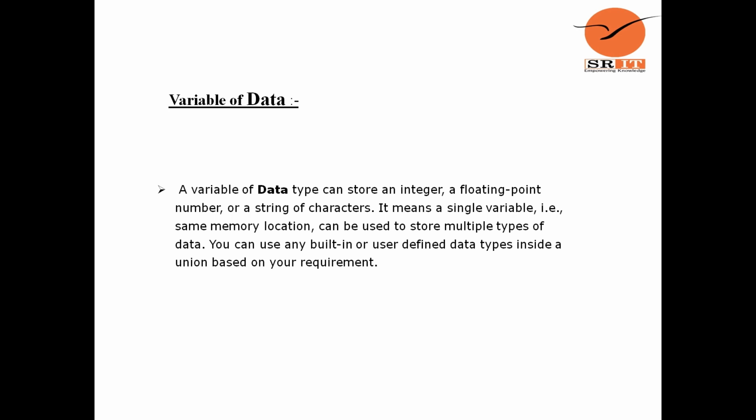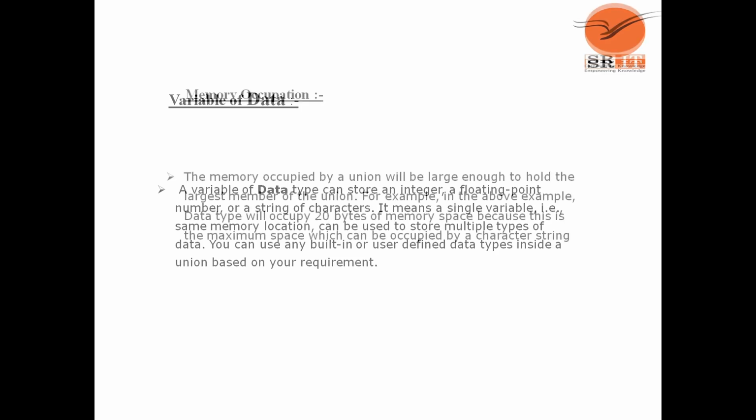But the union takes only the largest allocation. Union takes float's 4 bytes because it has the major allocation. You can use any built-in or user-defined data type inside a union based on your requirement.